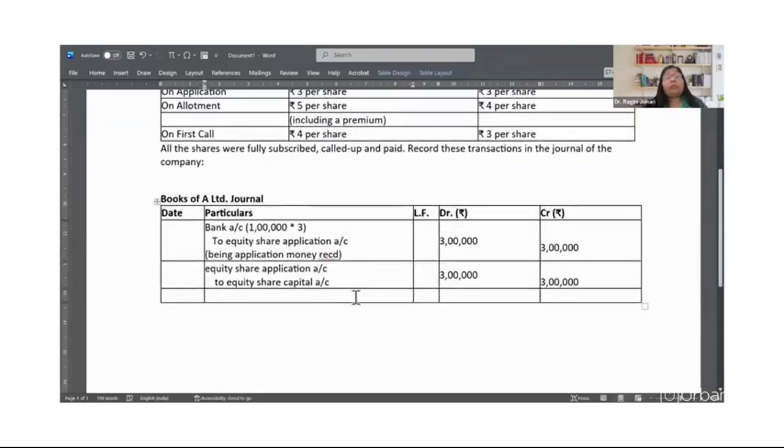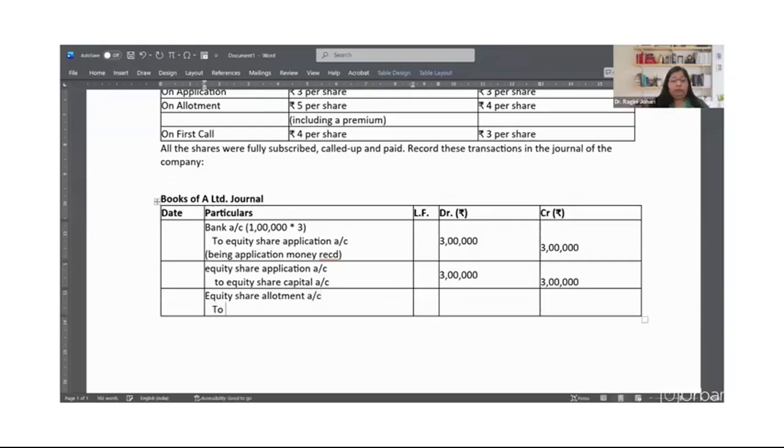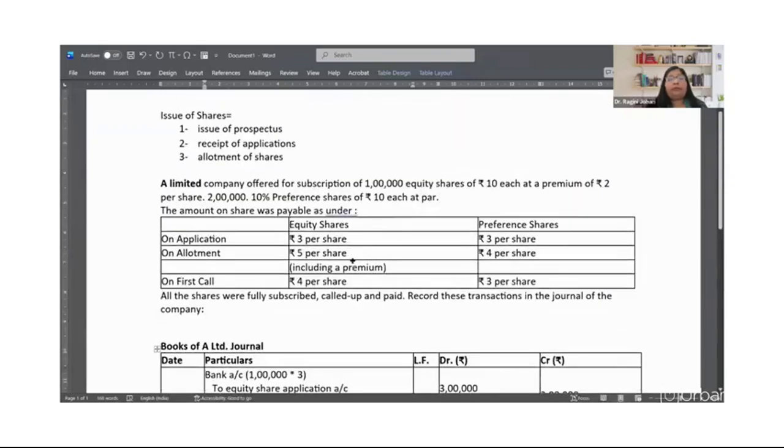Now, when it comes to allotment, the first entry is made of the due. So the due entry would be equity share allotment account debit to equity share capital account. The amount will be how much here? 1 lakh into 5.